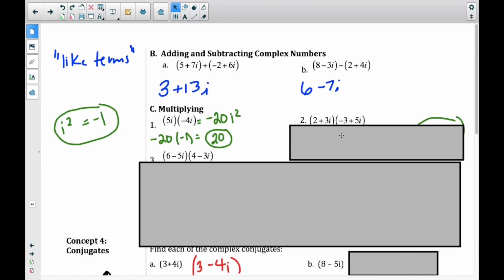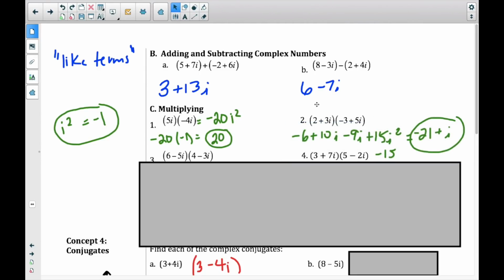Number 2, we are going to double distribute this, FOIL this. As we do that, we get 2 times -3 is -6, 2 times 5i is 10i, 3i times -3 is -9i, and then 3i times 5i is 15i squared.